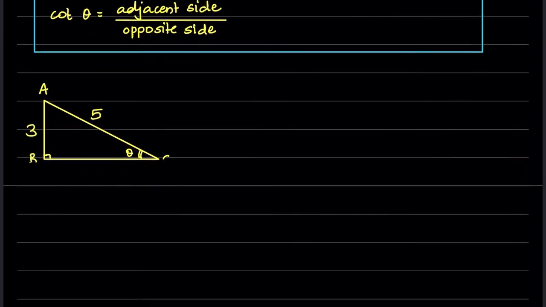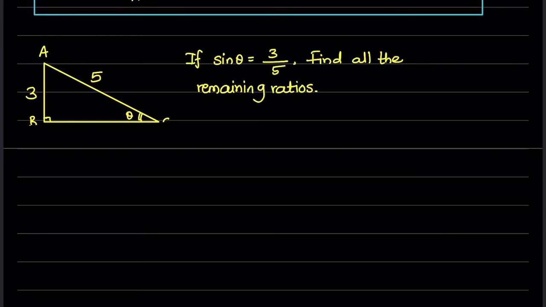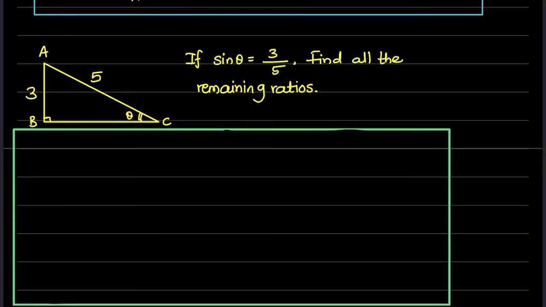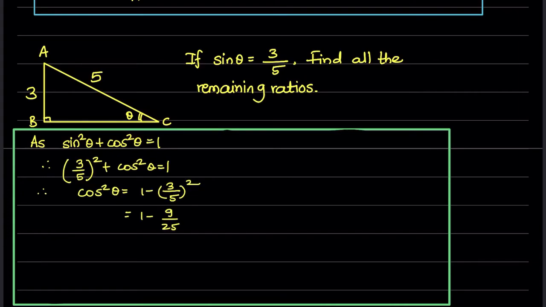So here is one right angle triangle, triangle ABC, and if sin theta is 3 upon 5, then find all the remaining ratios. So we will solve this problem. So sin theta is given, so we will use the identity sin square theta plus cos square theta equal to 1. So by putting the values, we get cos square theta is 16 upon 25, so cos theta is 4 upon 5.